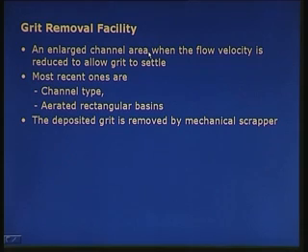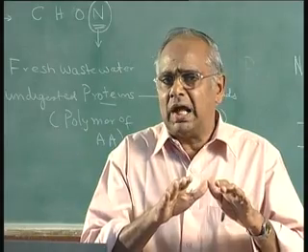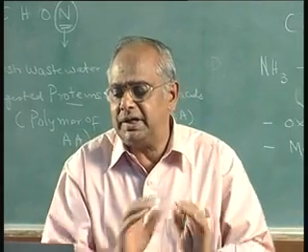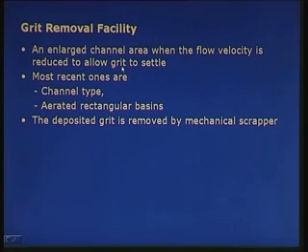Would it remain the same? No, it would not, because as soon as I increase the area, the velocity reduces. When the channel area is increased, the velocity is reduced, and this reduced velocity allows the particles, that is the grit, to settle down by gravity. So, gravity settling of the grit will take place.